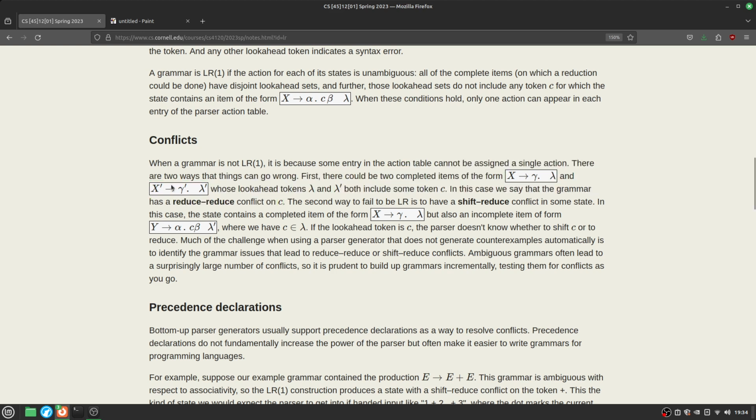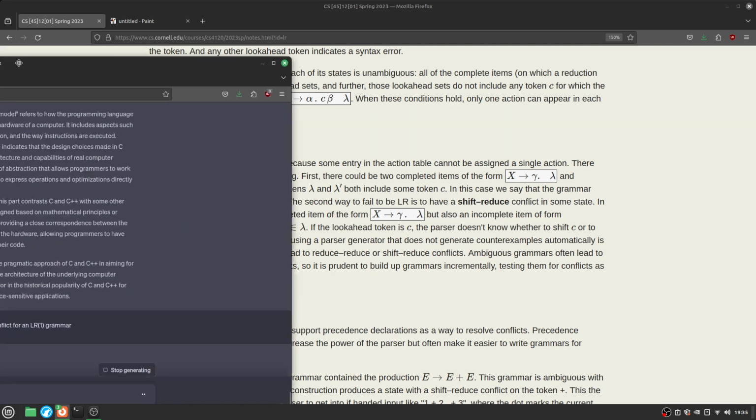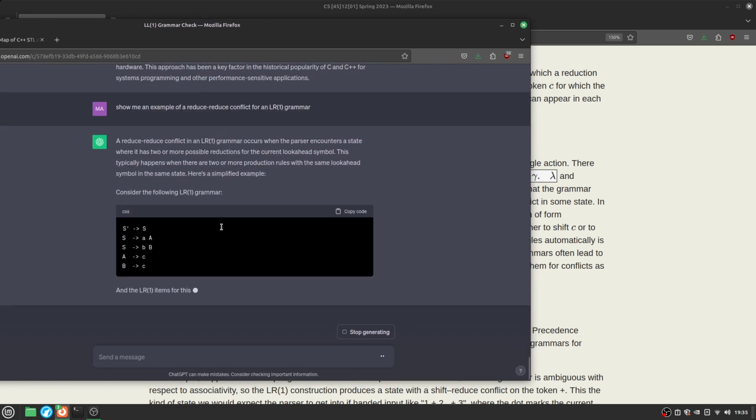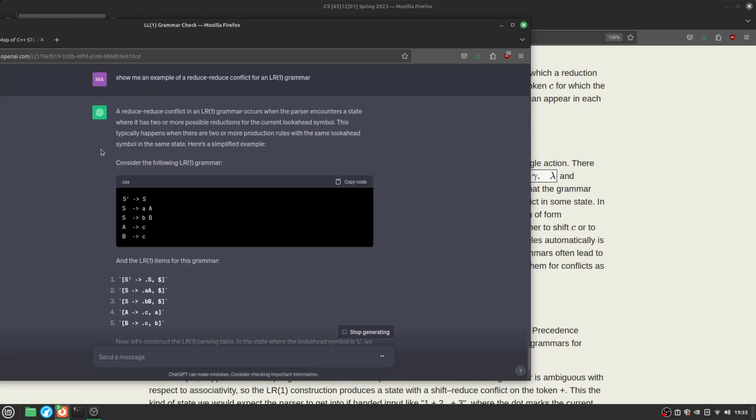Let's see if ChatGPT can spin one up. Show me an example of a reduce conflict on an LR1 grammar.